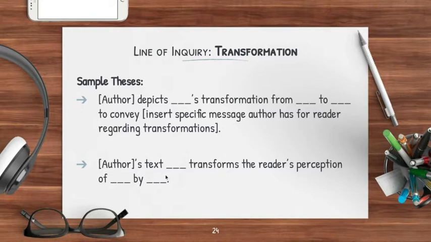So blank's text, insert the text, transforms the reader's perception of racism in America, ideas about justice, ideas about patriotism by, and then fill in how are those things transformed or manipulated. How does the author do that for the reader?